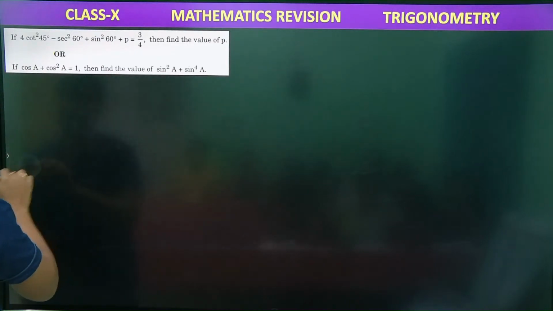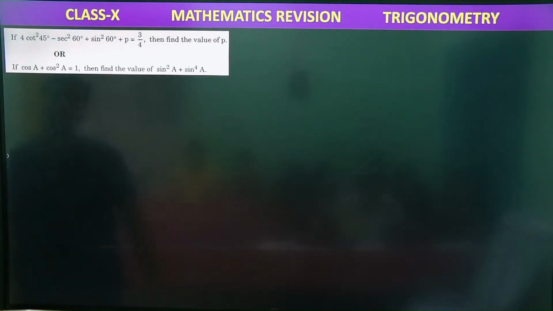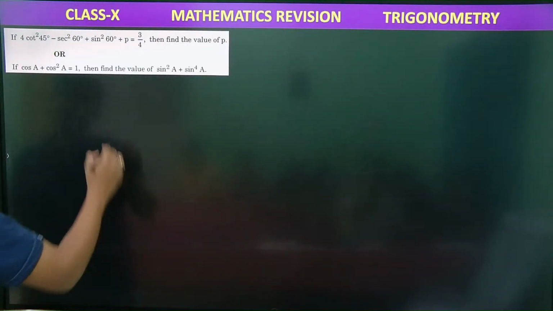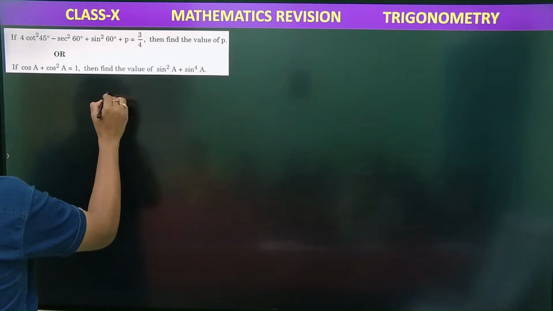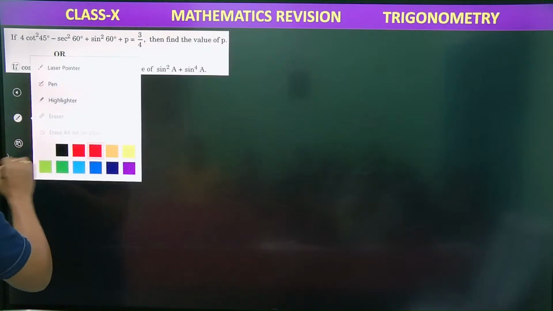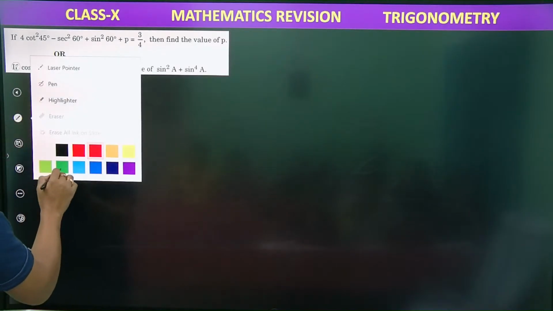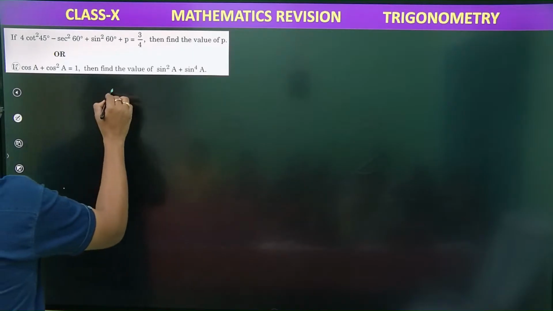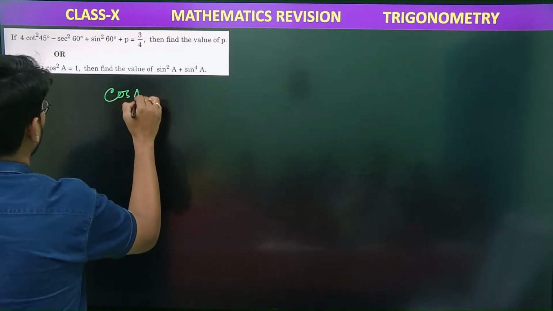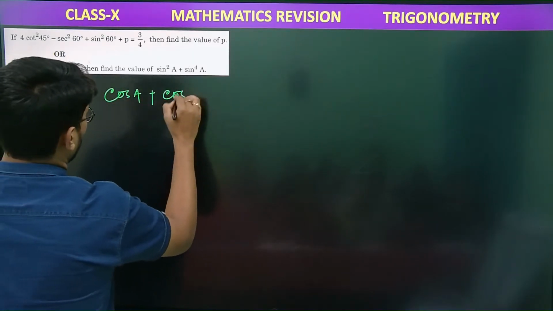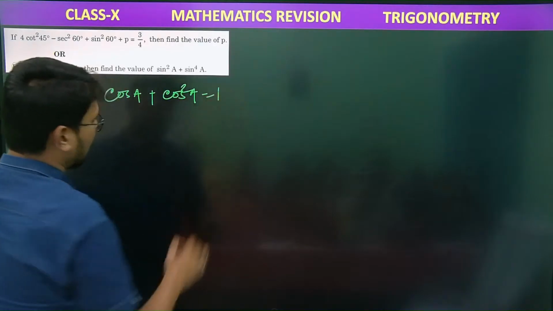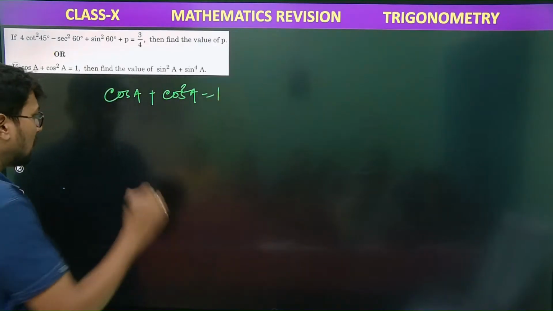Which question? This is cos A plus cos square A equals 1. So what do you have to do?